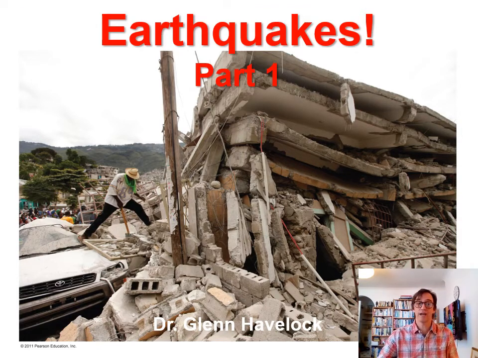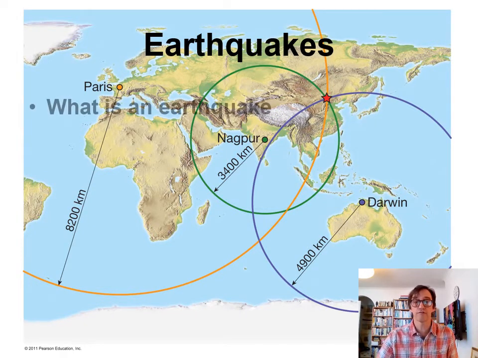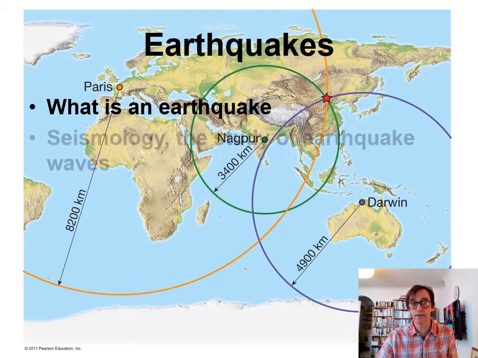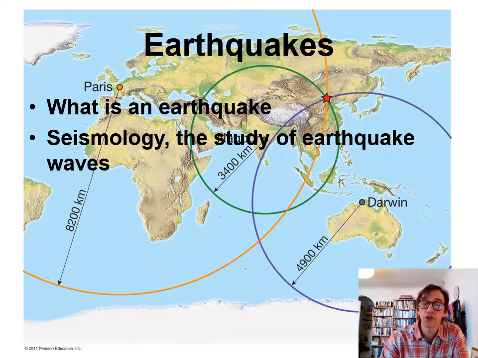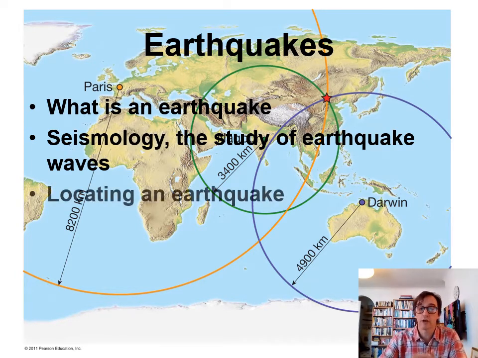All right, let's plow on. What we're going to cover in this part one is what is an earthquake, and then we're going to learn about the study of earthquake waves. It's called seismology, so it's to do with seismic waves, these waves of energy which radiate from an earthquake. We're going to learn how to locate an earthquake.